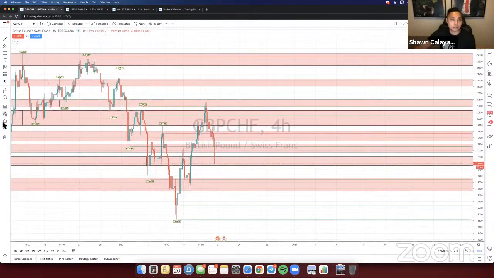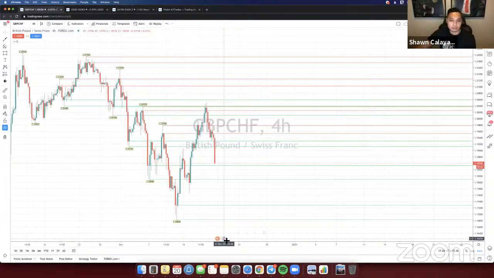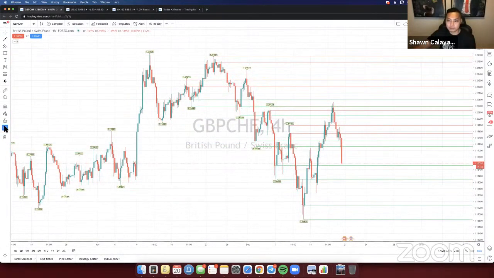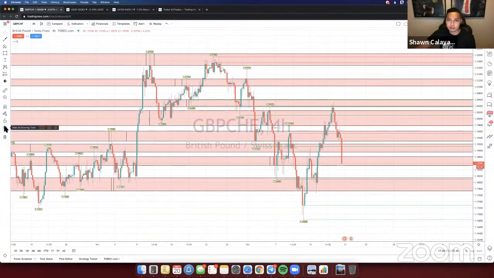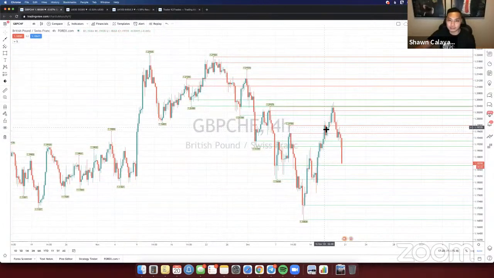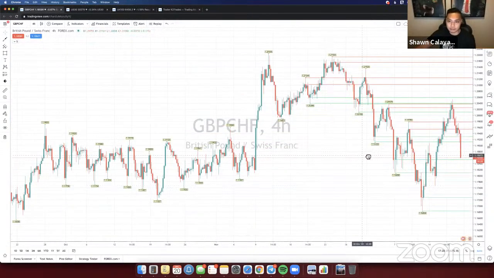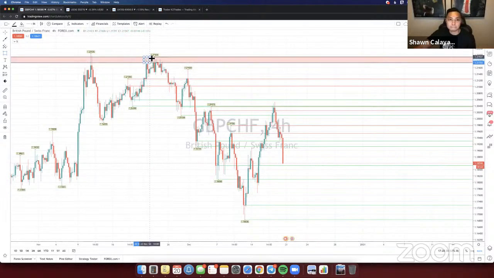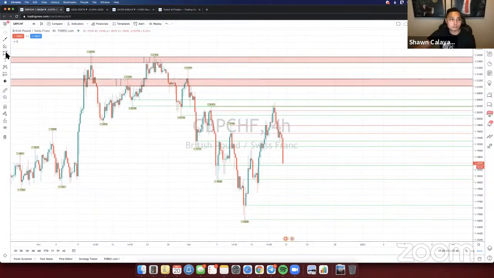So let me go ahead and zoom out from here. Looks like these zones are, for the most part, different. So let me just go ahead and redraw these zones because they look a lot different. So I'm going to go ahead and just delete that and redraw my zones off this point right here. So looking at this right here, this looks like a zone right there.